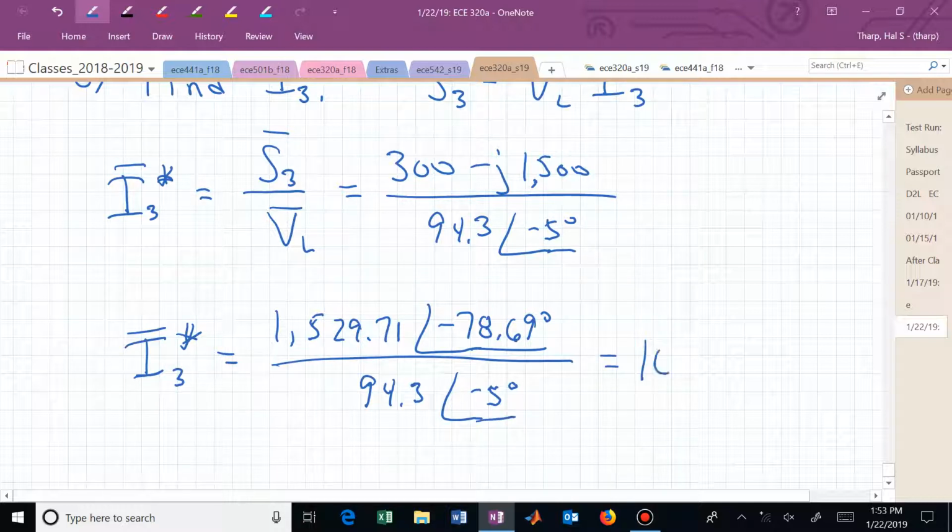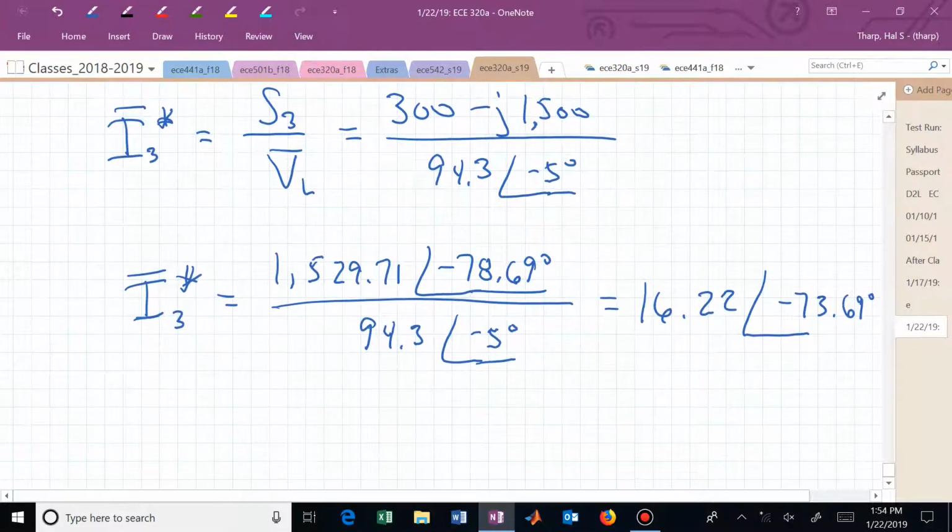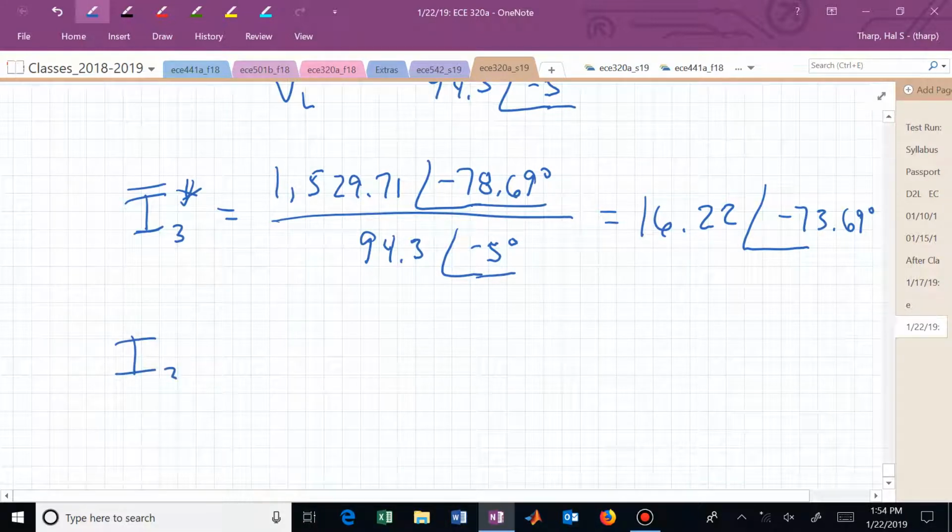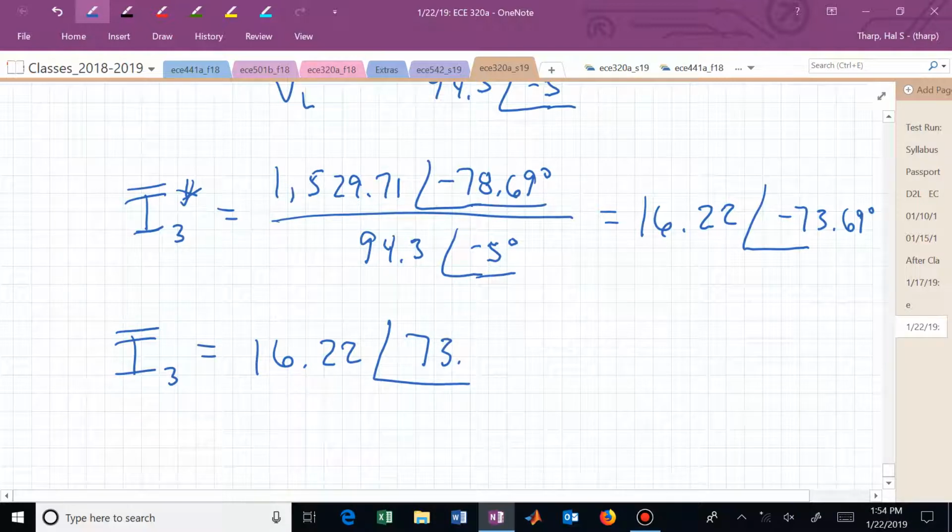Or that now ends up being 16.22 at an angle of minus 73.69 degrees. Finding the conjugate of that, which will give us the actual current I sub 3, we simply change the sign of that angle, so that now I sub 3 is 16.22 at an angle of 73.69 degrees. And again, that's in RMS units.